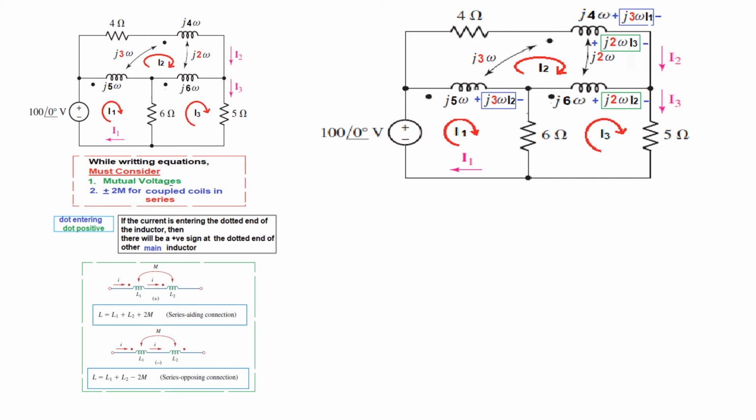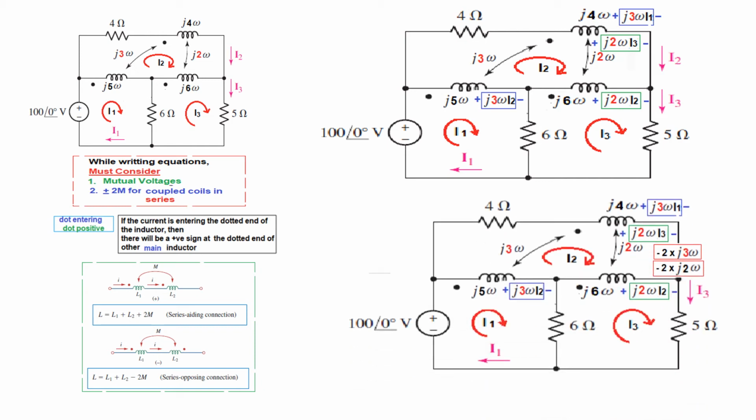So it will be negative 2 times this j2 omega. And similarly for the other one, here also the current is entering the dot, but in this one it is entering the non-dotted terminal. So again it will be negative, so negative 2 times this 3j omega. Now our circuit is complete. Now we are ready to write the equation.